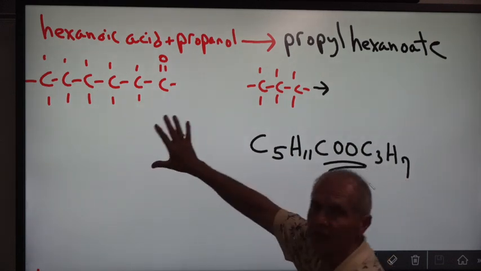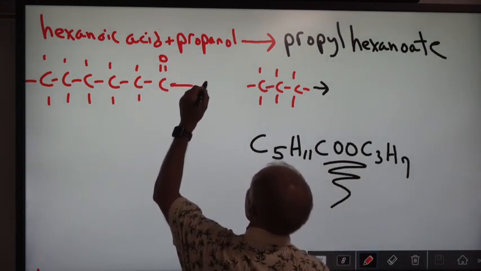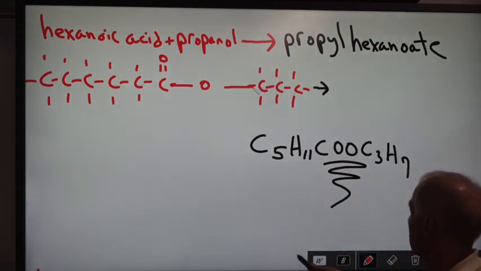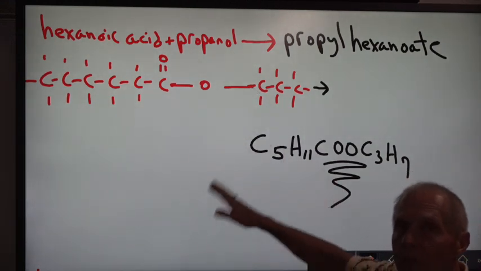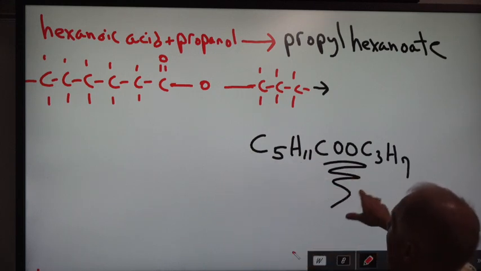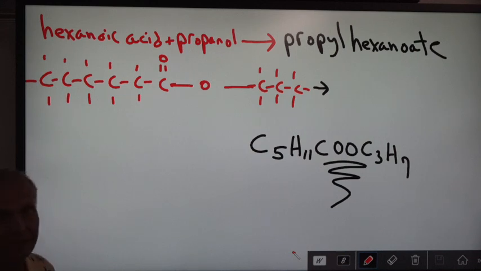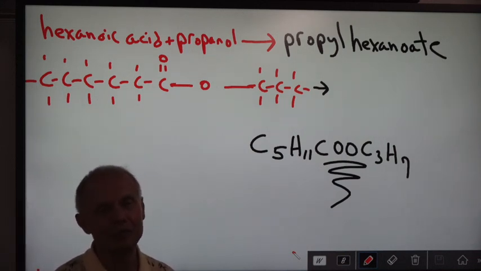And then all I have to put in the middle is that O. There is the structural formula. Remember, drop the OH off one side, drop the H off the other, and that's what it is, and that's what this is right here. Okay? This is the toughest functional group to do, like I said before.